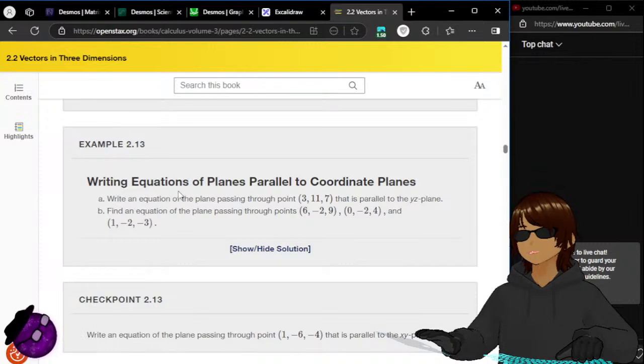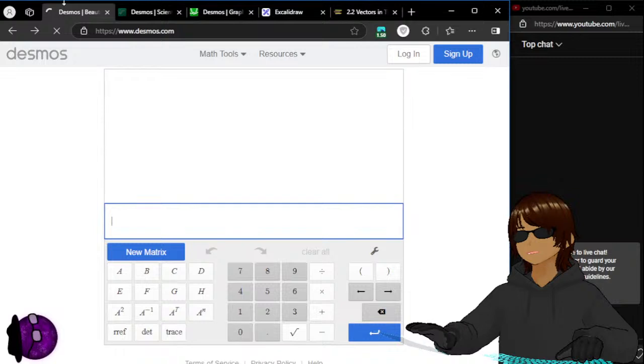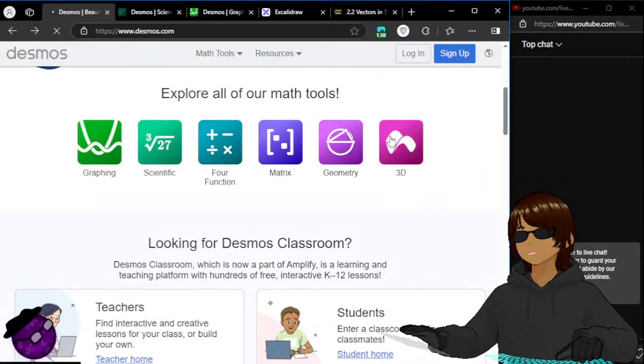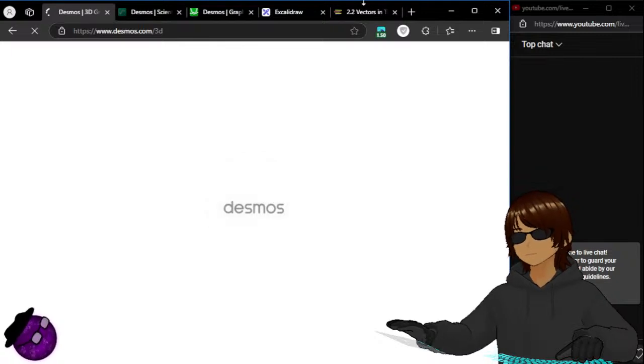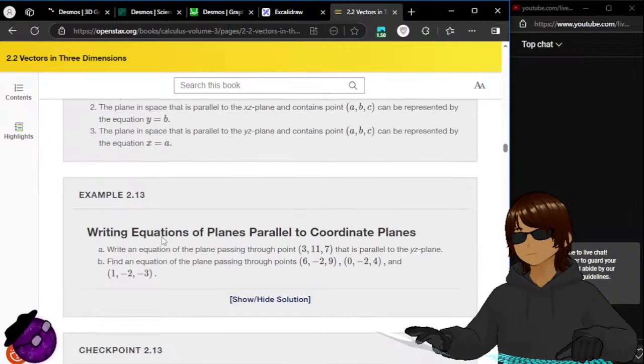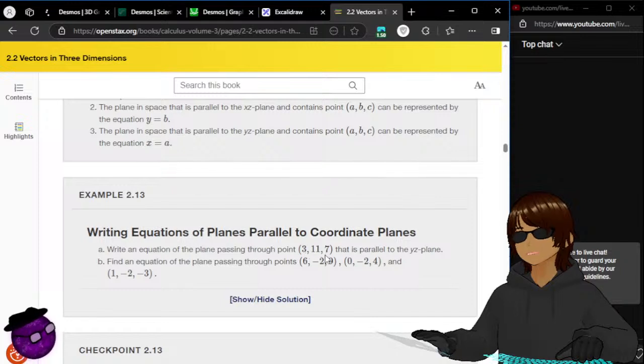Writing equations of planes parallel to the coordinate planes. Write an equation of the plane passing through the point 3, 11, 7 that is parallel to the yz plane. Find an equation of the plane passing through the points 6, -2, 9 and 0, -2, 4. Wait, does Desmos have a 3D? So write an equation of a plane passing through the point 3, 11, 7 that is parallel to the yz plane.